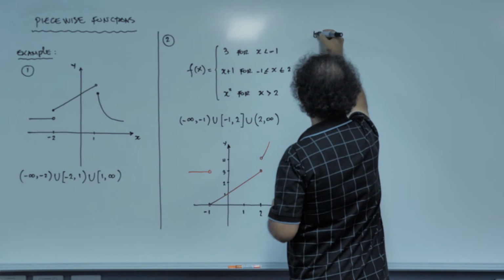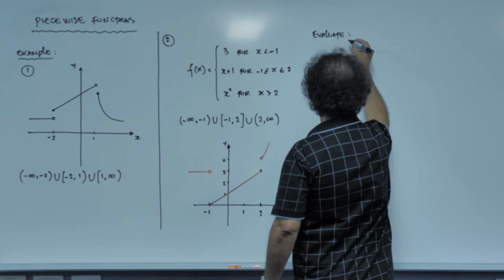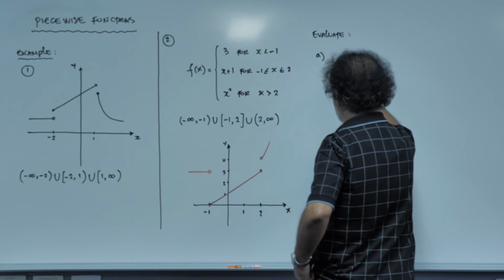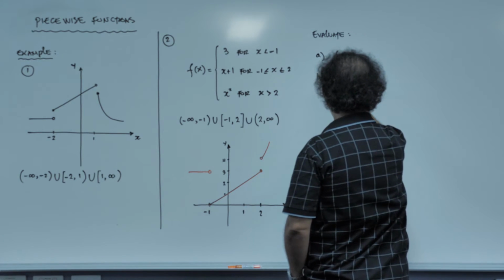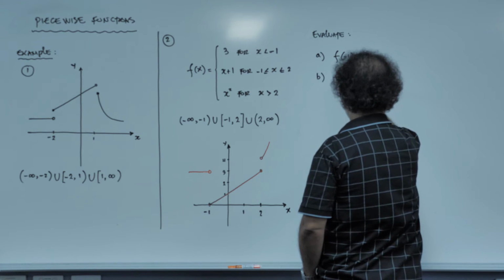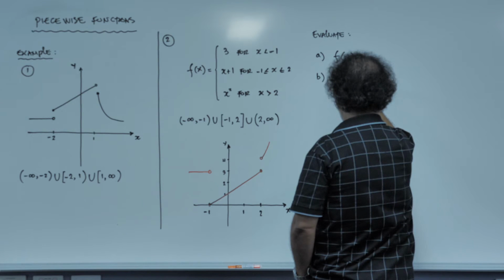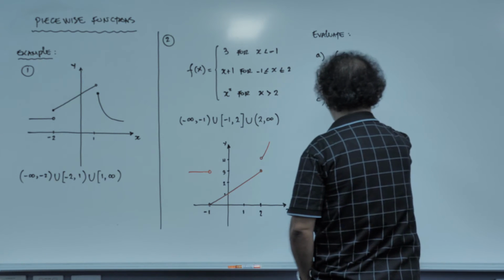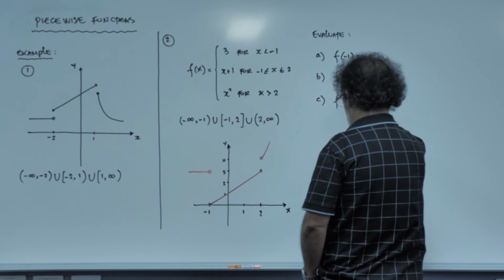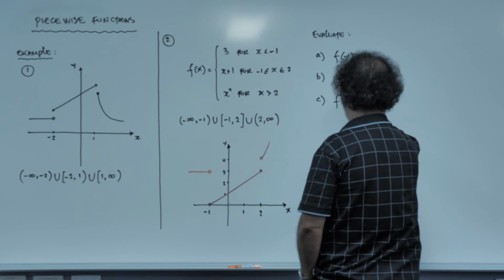A: find the answer for f at -1. B: find the answer for f at, let's say, positive half. C: find the answer for f at -2.